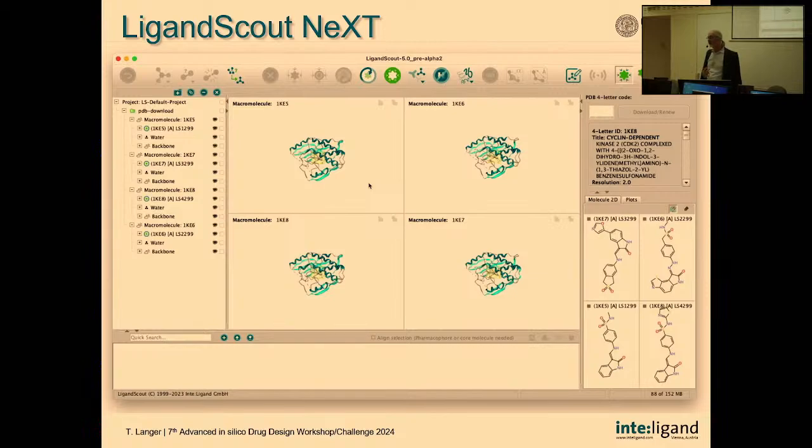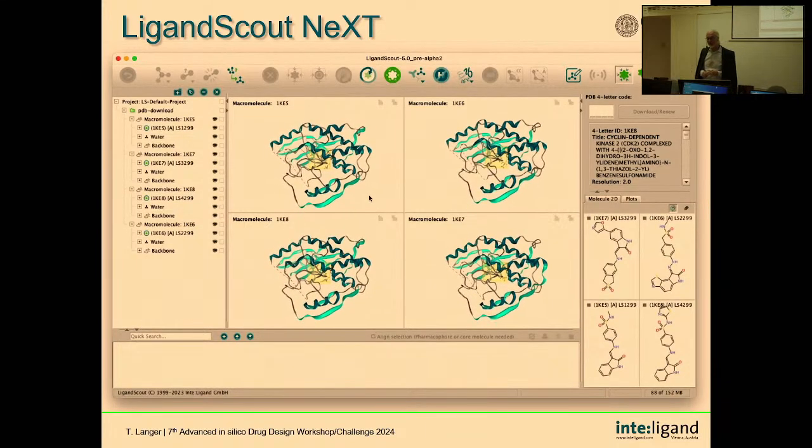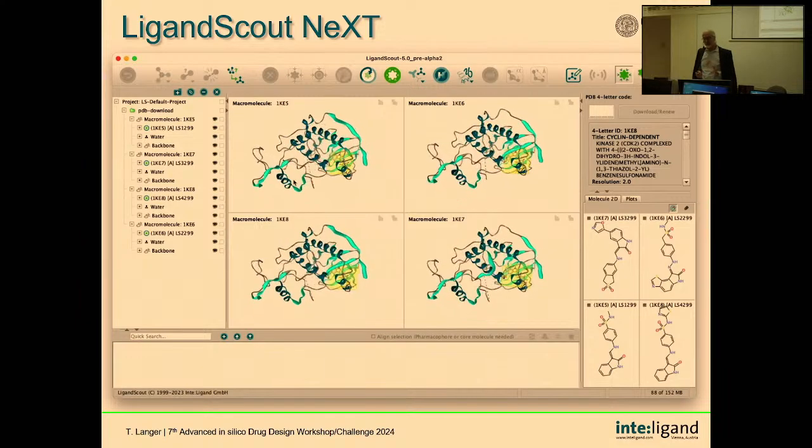We have now started to build the first library with billions of compounds and are exploring the performance of this. So it's a completely revamped technique behind. There are also some changes in the graphical user interface. It's still, I believe, user-friendly.